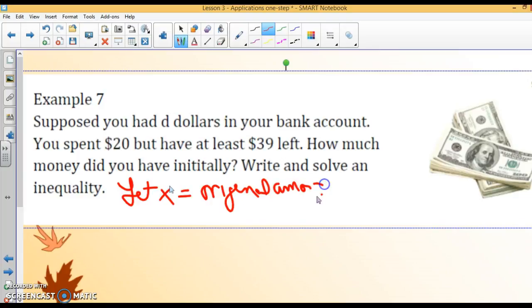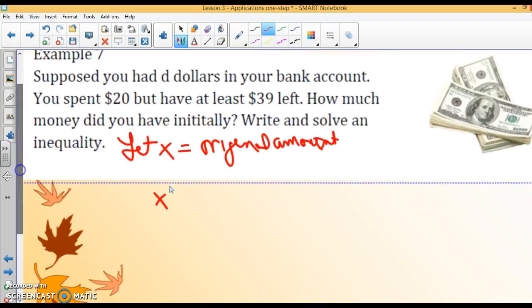So my pen's not working real well today. So you started with x, and it said you spent 20, so minus 20, and you have at least 39 left. So at least 39 is greater than or equal to $39.